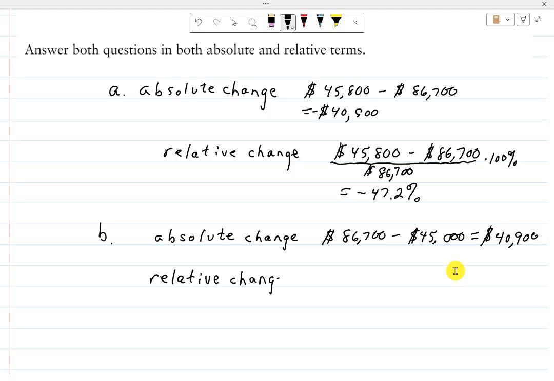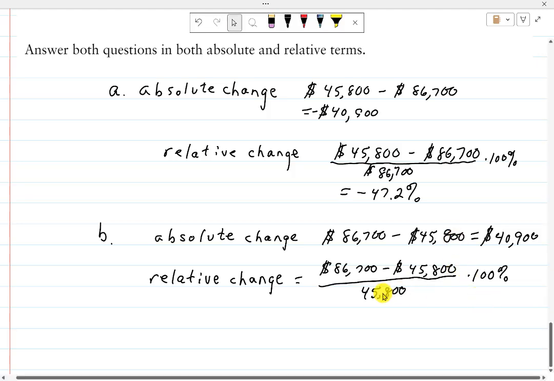Because now you're comparing to Mississippi's wage. So we're going to take Maryland, 86,700, and subtract the Mississippi wage. I think that was 45,800. I got to be a little careful here. And we're going to divide by 45,800 and then multiply it by 100%. See, this part down here tells you what it's being compared with.